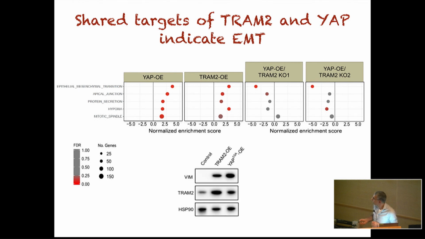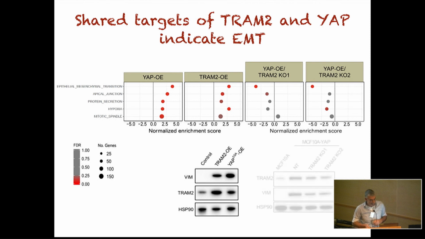One of the genes was vimentin, a well-known gene in the mesenchymal state.